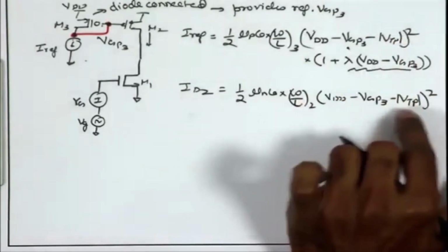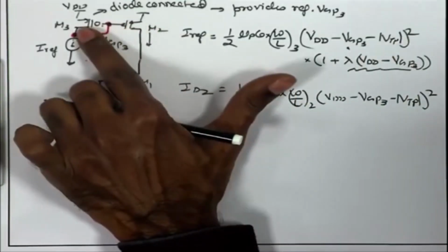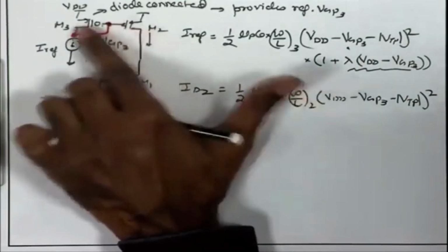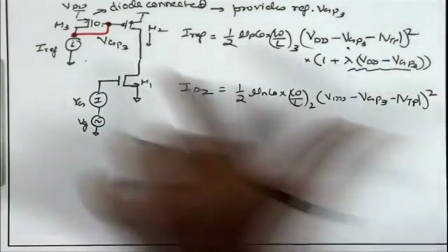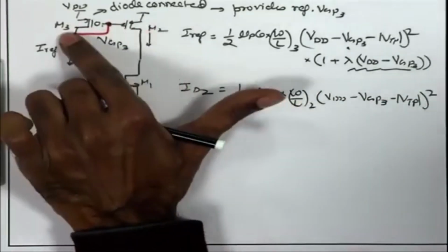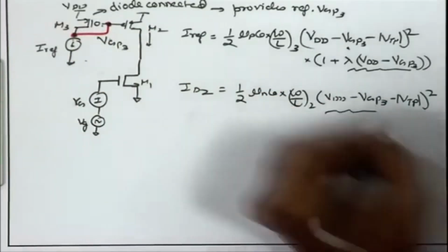If I assume that Vtp of these 2 transistors are almost similar, that means these 2 transistors are well matched, I can ensure that the current in M2 is going to be a copy of current in M3, because this term is constant, it is the same in both.